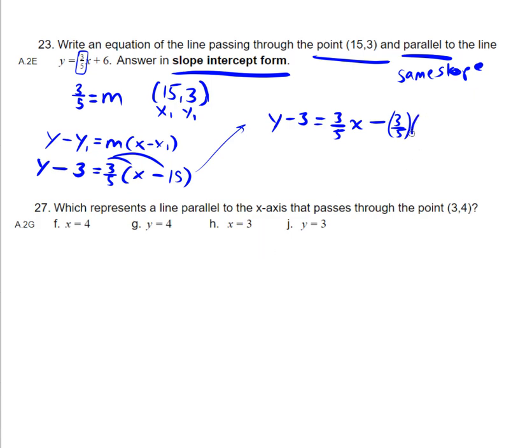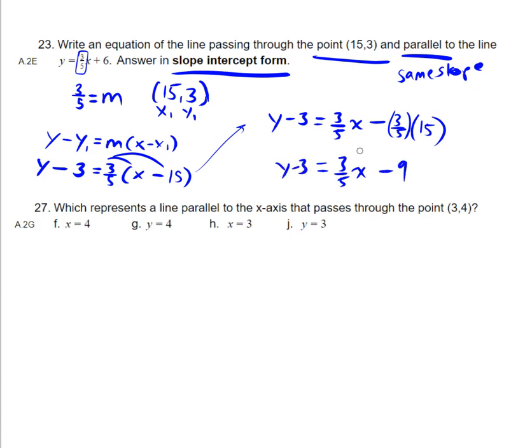So my 3/5 times my 15. So 3 times 15 is 45, and that's going to be 45 over 5, right? 45 divided by 5. 5 times 9 is 45. So that's going to be 9. So what I have here is y minus 3 equals 3/5 x minus 9.